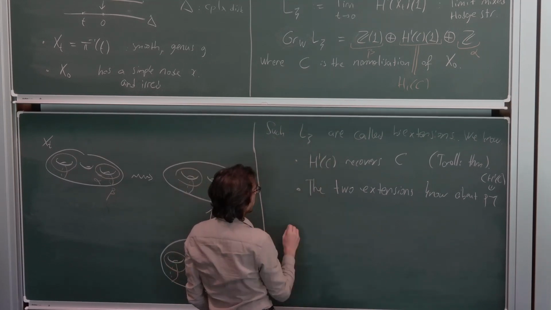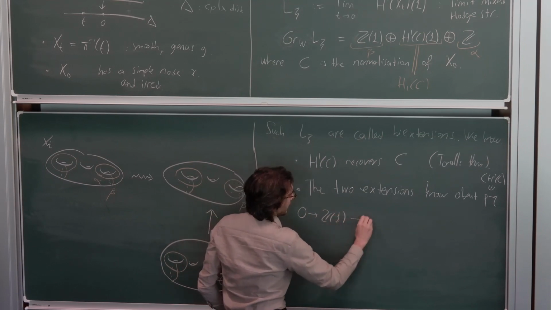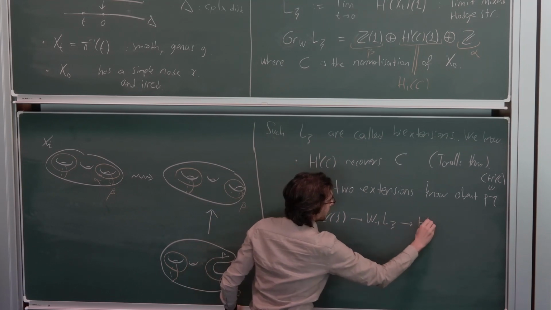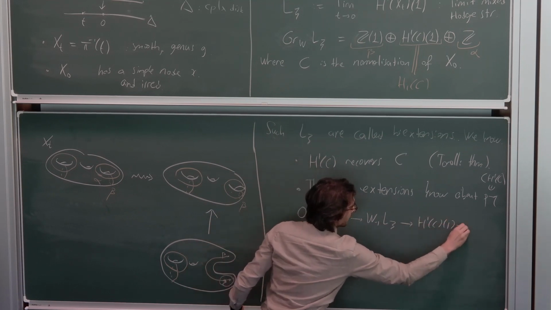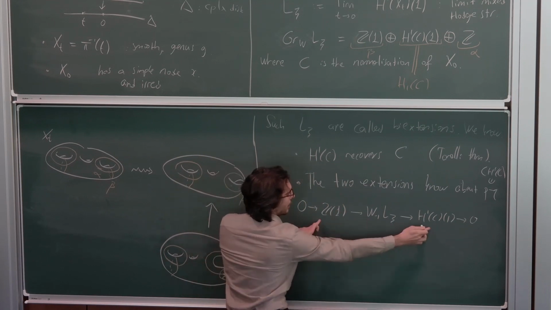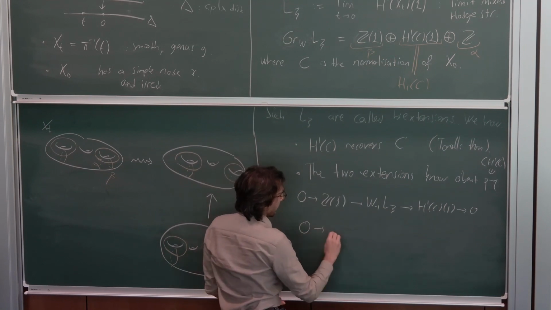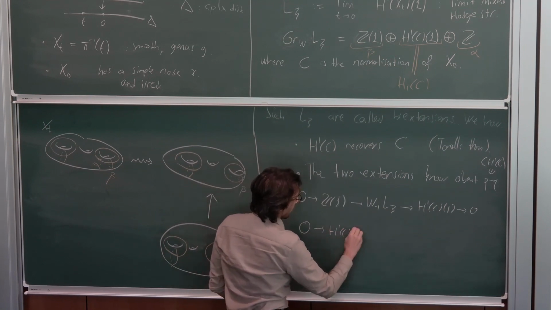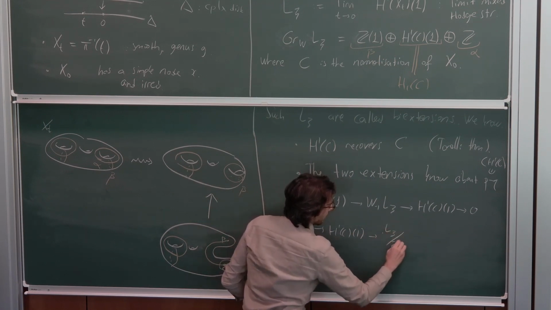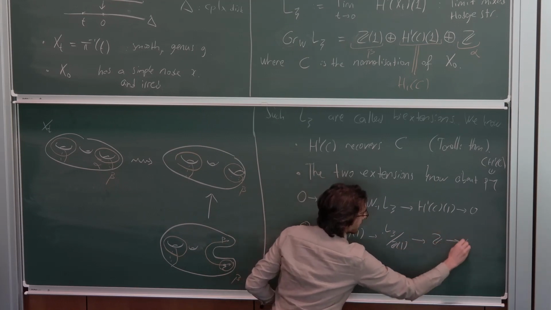The extensions: so this is the weight minus one part of L psi that gives me that extension. And the other one is, I mod out by that element, and it gives me the remaining extension.